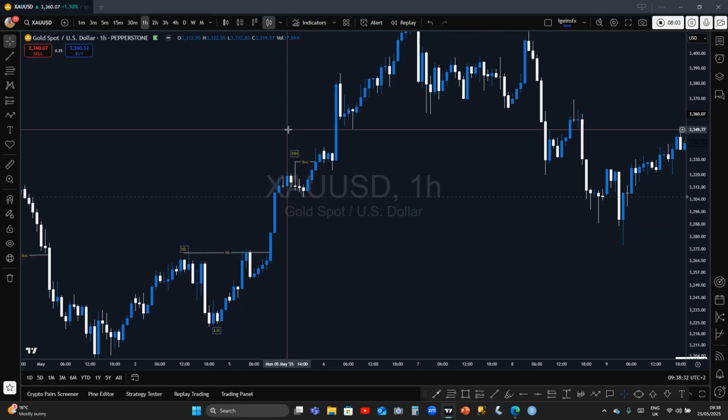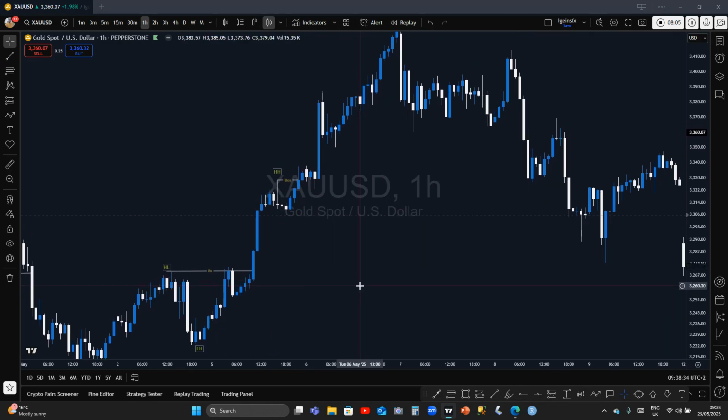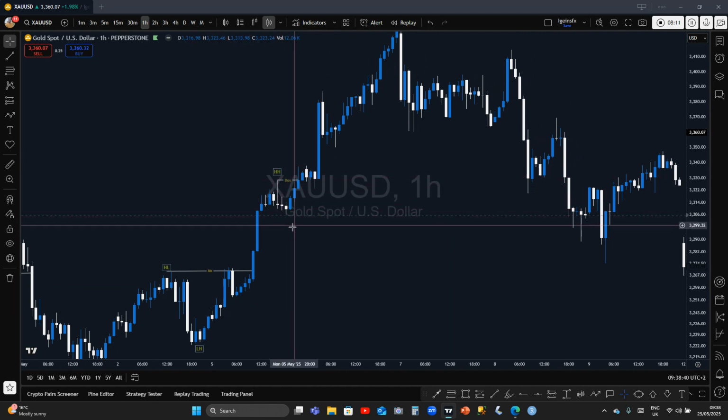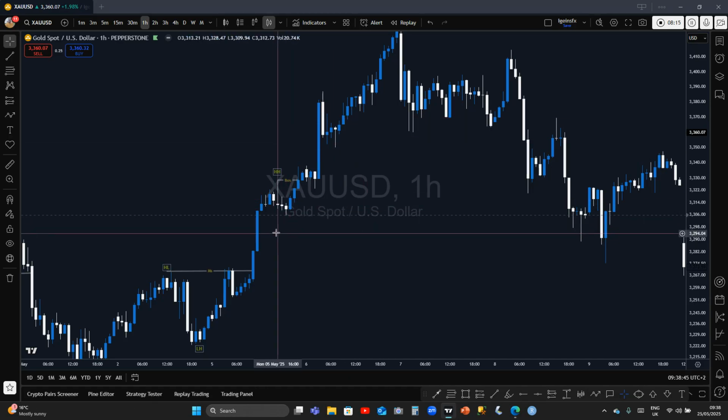But break of structure simply means that once a trend retraces and it created a support, if it's a bullish trend, we are expecting that move to continue and violate the high. So this high has been violated right now.